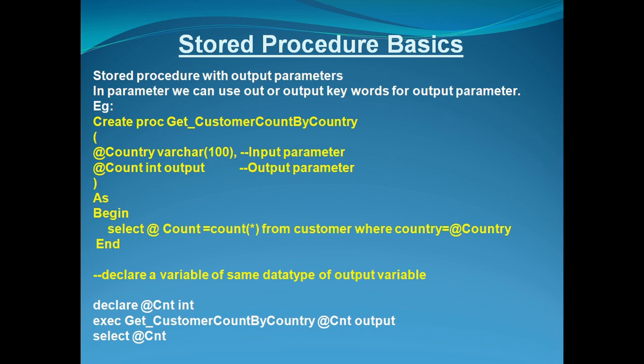Okay, so how to get this data through a query? We can declare one variable with the same data type as the output value, and EXECUTE the procedure with @count OUTPUT. Then we will get the output variable's value in this variable. Okay.